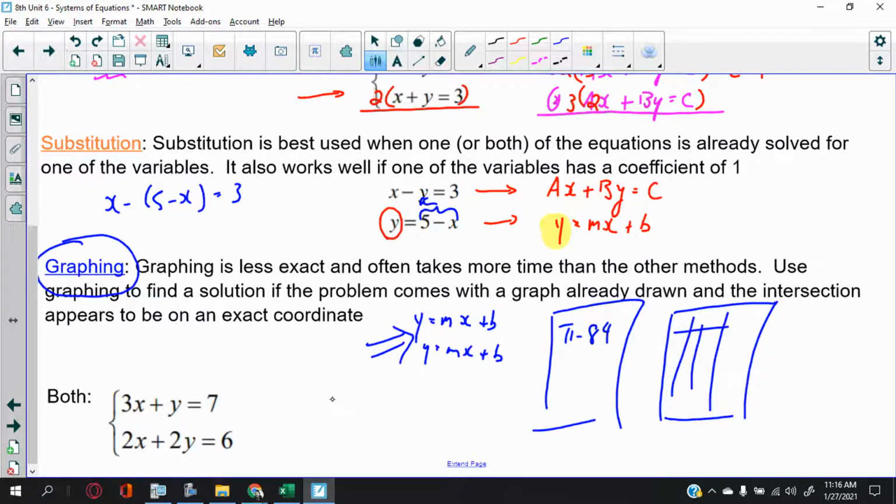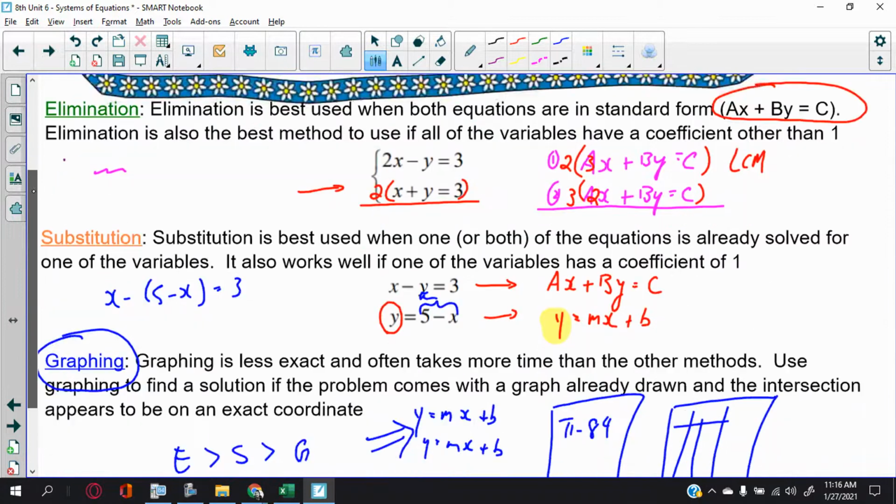So again, elimination is better than substitution, which is better than graphing. Elimination is preferred over substitution because it helps you solve questions much quicker. Even with substitution, you still have to convert the form sometimes.